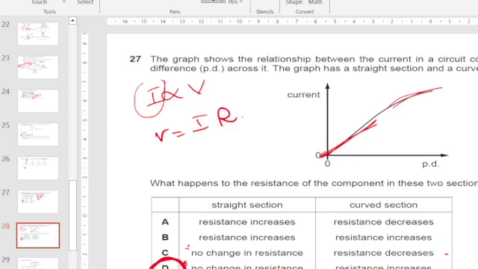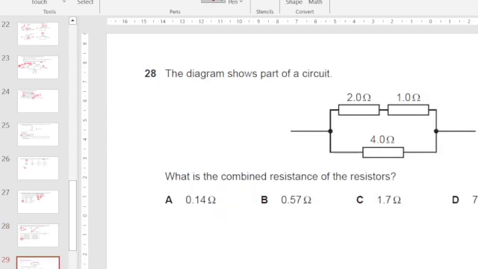And 28th question. What is the combined resistance? If you see here, these two are connected in series. The total resistance in series will become 3 ohms, and which is in parallel with the 4 ohm resistor.